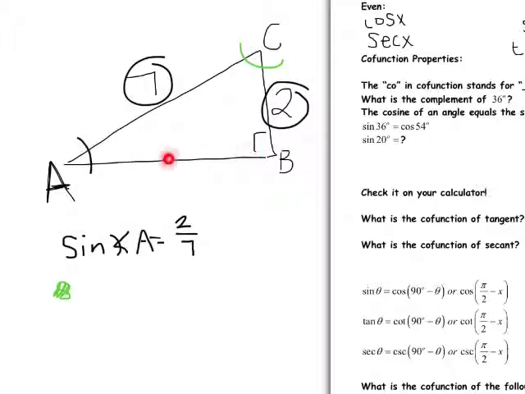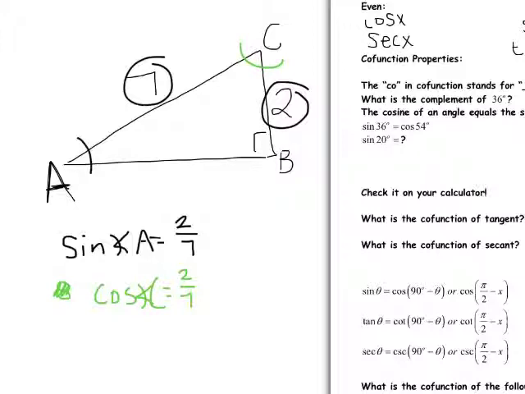Because you don't have the opposite side. You'd have to do cosine of angle C, but that would still equal 2 over 7, adjacent over hypotenuse. Well, they're both 2/7, but are angle A and angle C going to be the same angle? And the answer to that is of course not.